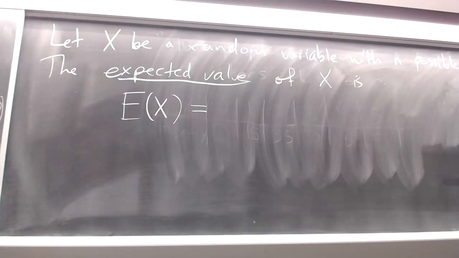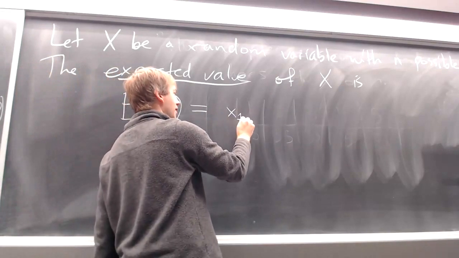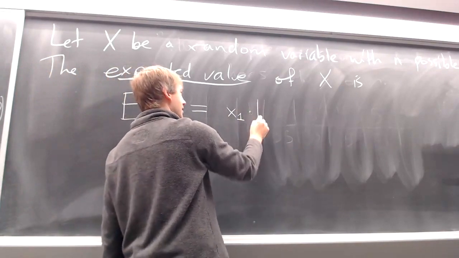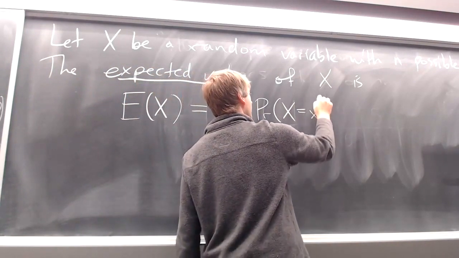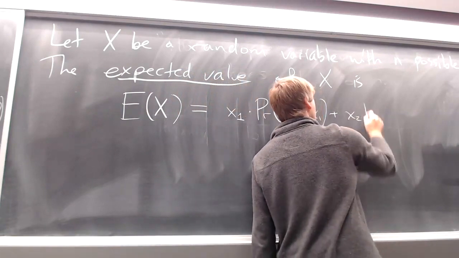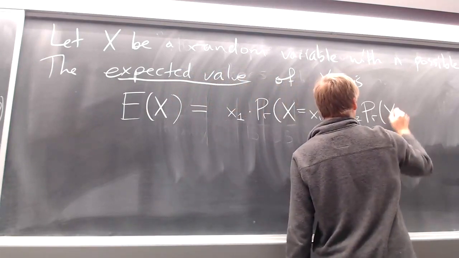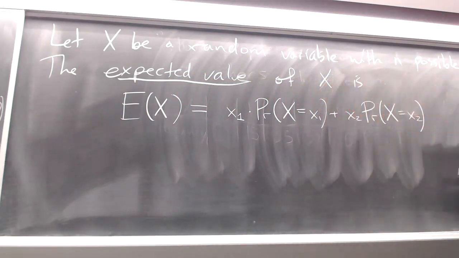And then we just go over all the possible values. The first possible value is x1. We take x1 times the probability that x is equal to x1. Then we do x2 times the probability that x is equal to x2.